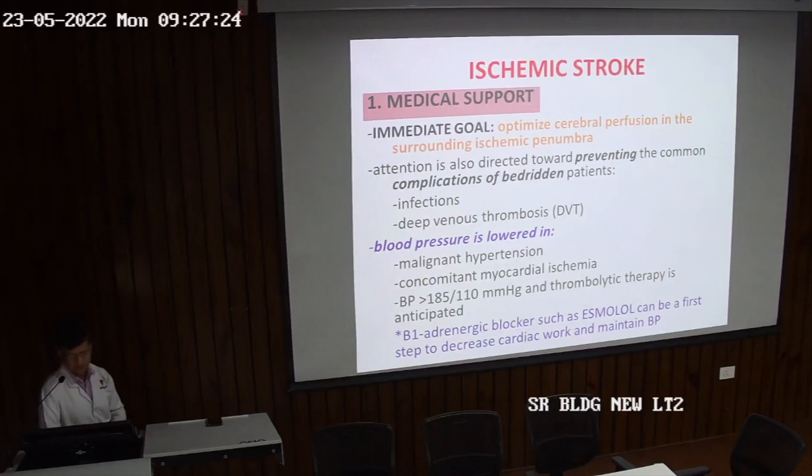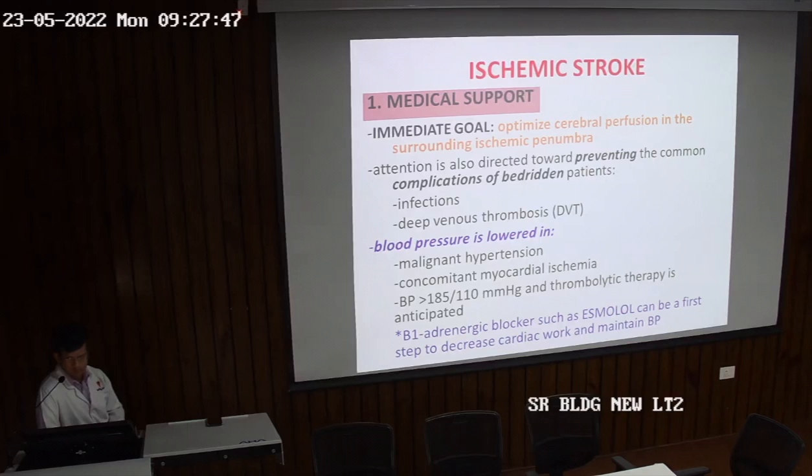Attention is also directed towards preventing the common complications of bedridden patients, because usually these patients are bedridden, so we have to focus our treatment also on preventing complications in the form of infections and deep venous thrombosis, that is DVT. If the patient is having hypertension, the blood pressure is lowered, but it should be lowered only slowly.